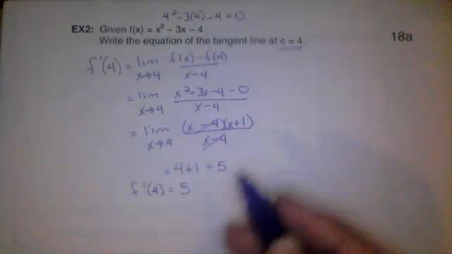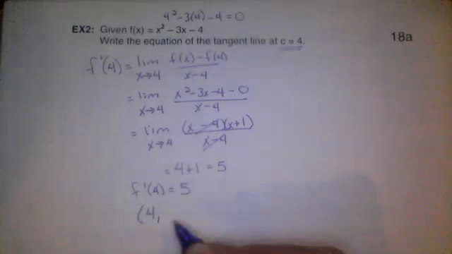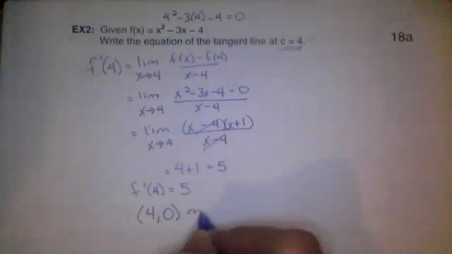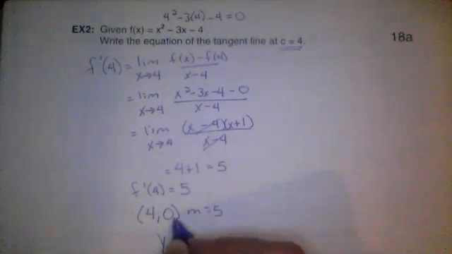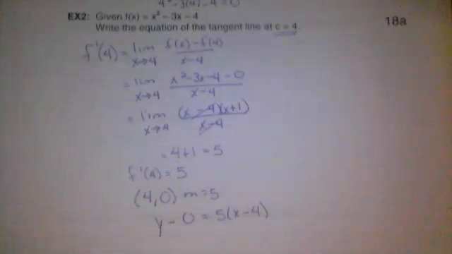So our point, our x and y values: we had 4 for x, and our y value is 0. And we have our slope of 5. So we have y minus our y coordinate equals 5 times x minus our x coordinate.